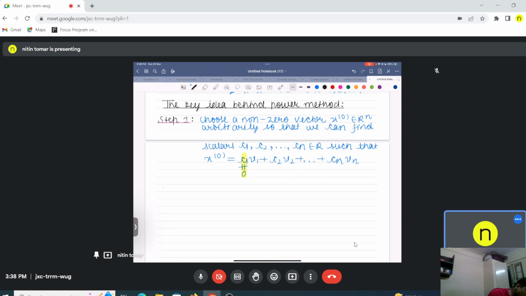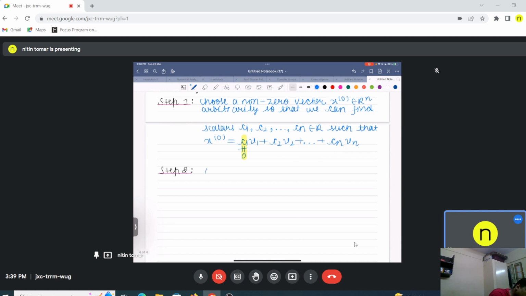Now step 2: pre-multiply both sides with A. Then you will get C1 A V1 plus C2 A V2 and so on.